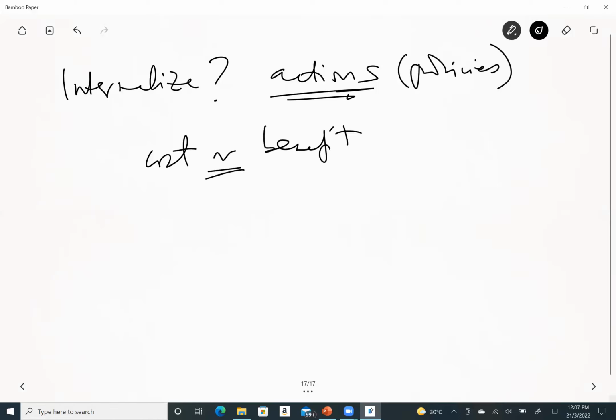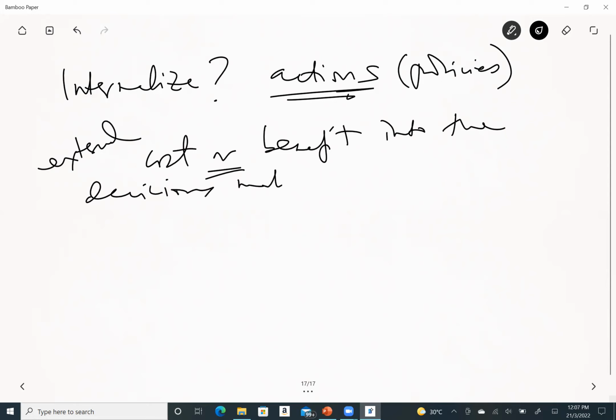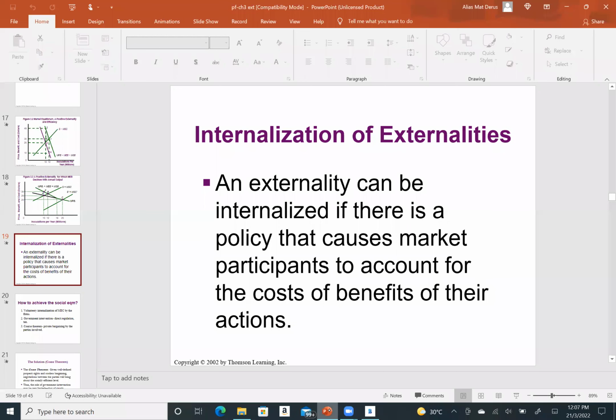We are talking about the decision-making process. Okay, so that is the internalization.